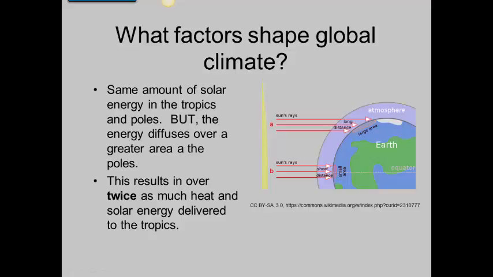So although we've got the same amount of solar radiation, because it's diffusing over a greater area at the poles, we end up getting less heat and less solar energy being delivered to the areas in the far north and the far south of our planet.